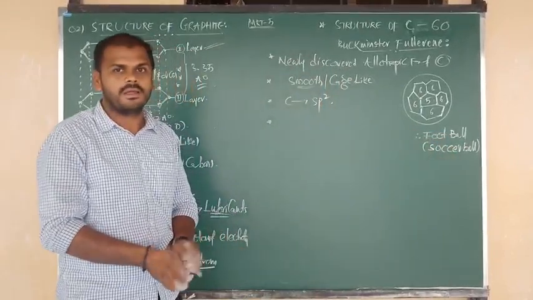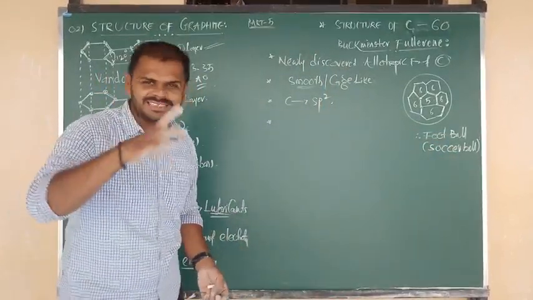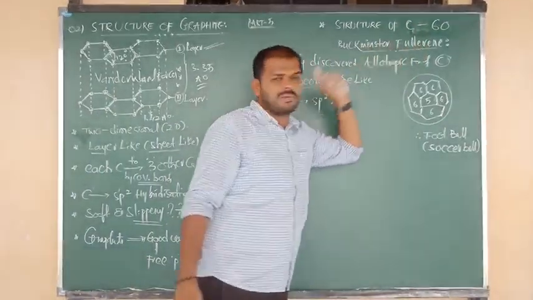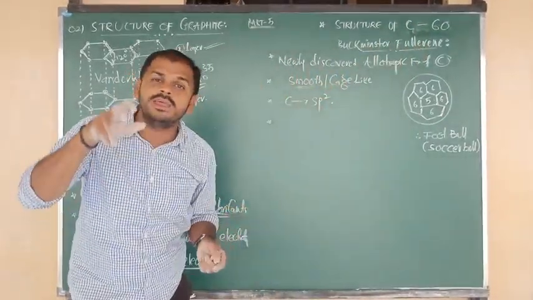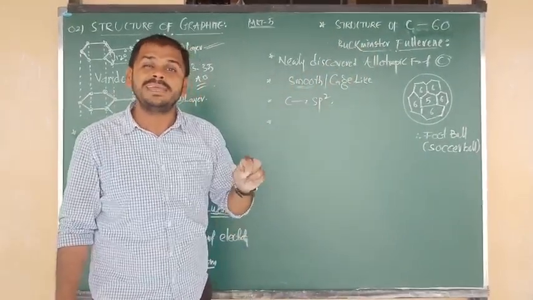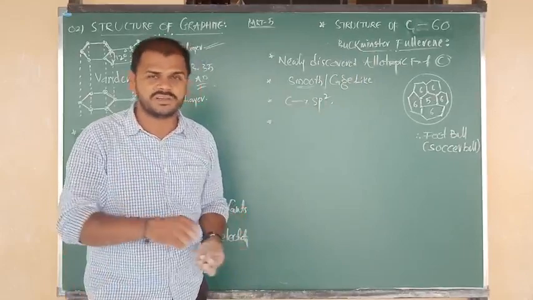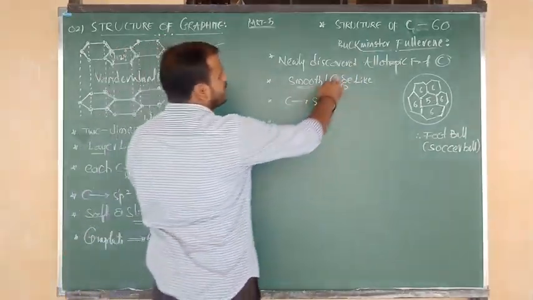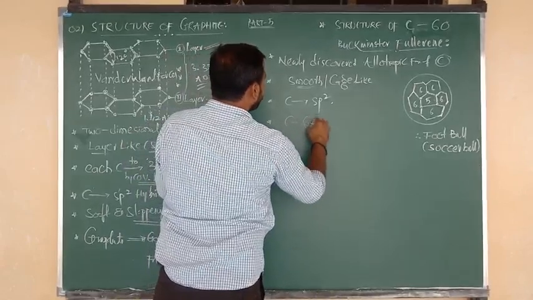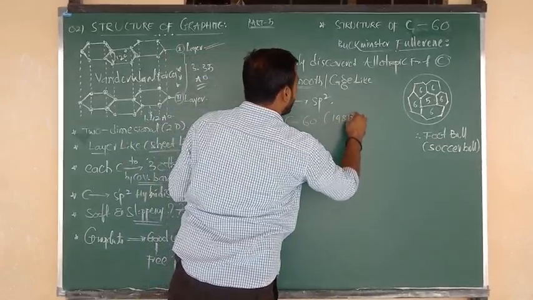But here we are saying C60 fullerene is known as Buckminster fullerene. C60 molecule is known as Buckminster fullerene. Why are we saying Buckminster fullerene? We have a reason. The discovery of the C60 molecule was done in the year 1985.